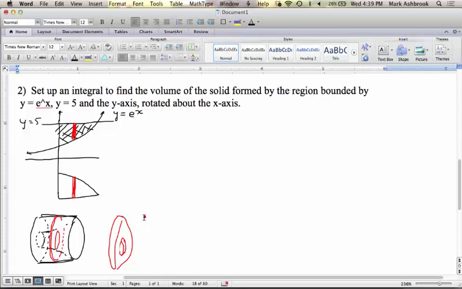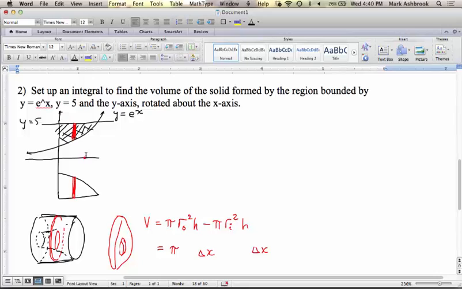So we need the volume of that thing, which is going to be pi r outer squared delta, or h, minus pi r inner squared h. And what is h? Delta x. So we need the outer radius and the inner radius.